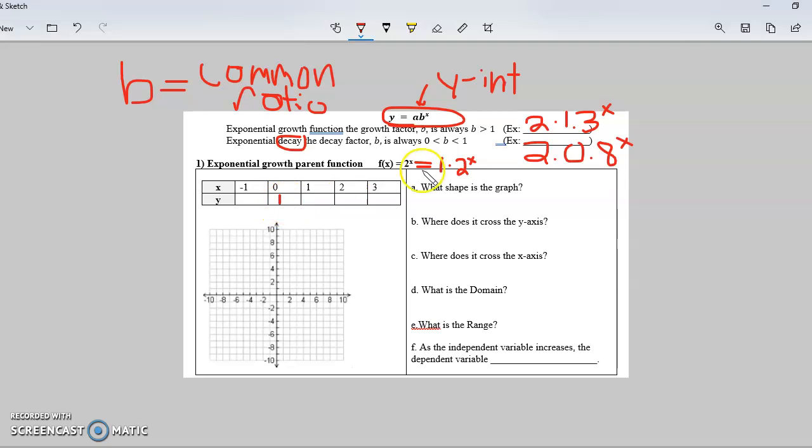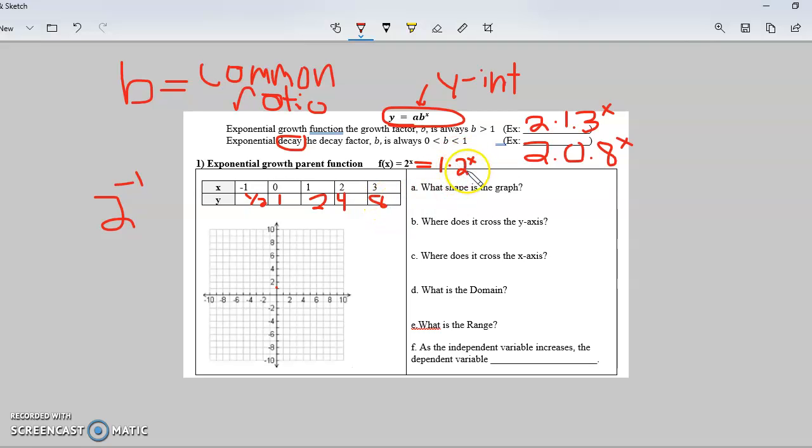If we plug 0 in, my y-intercept is at 1, so I can put a dot there. If I have a negative 1 in our exponent, that will actually make it go to the denominator. This will be 1/2. Put 1 in, 2 to the first power is 2, 2 to the second power is 4, and 2 to the third power is 8.